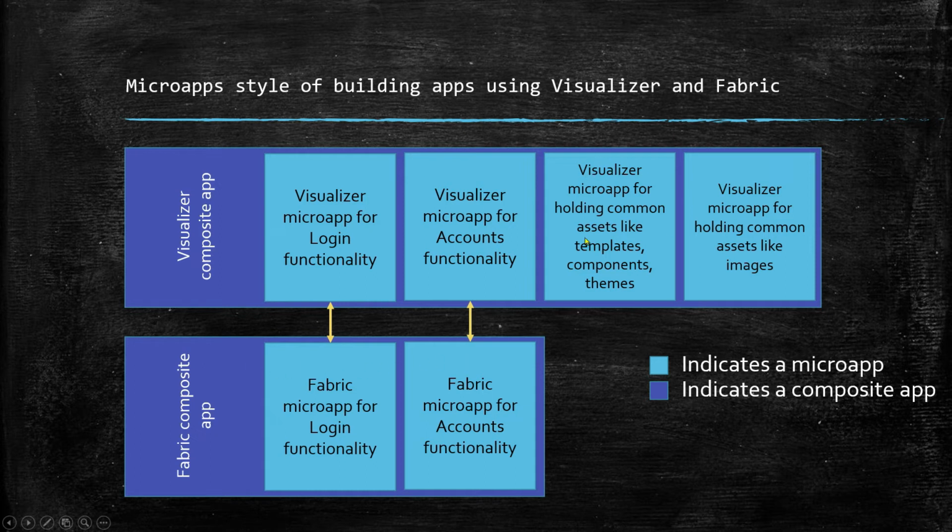If you see here on the Visualiser side, we have other micro apps which will contain the assets that we want to have in all the other individual micro apps, and the common elements like the themes, skins, components, templates in another micro app.